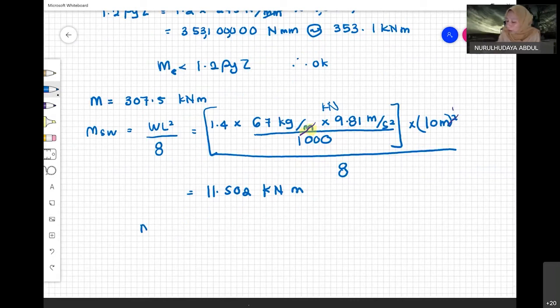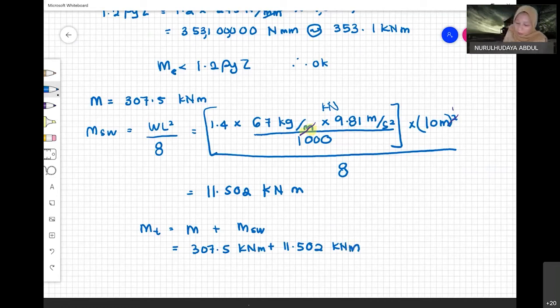And then kita need to add these two together, moment due to the load and moment due to self-weight together so that kita dapatkan total moment. 319.002 kilonewton meter.